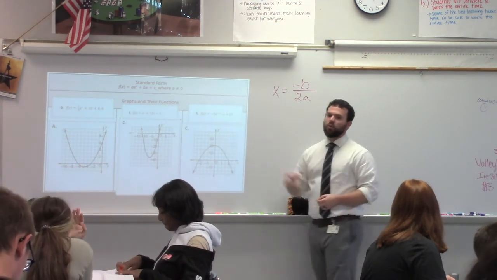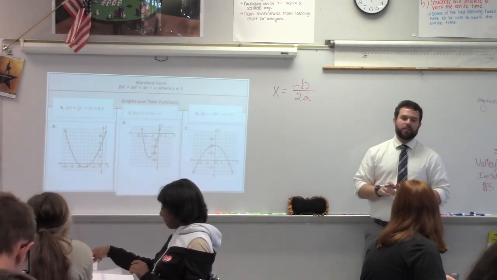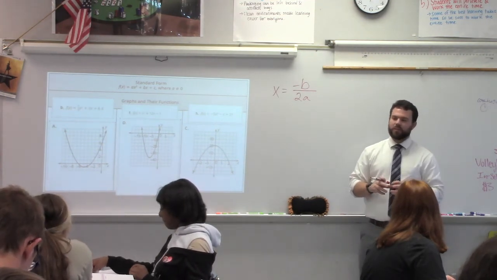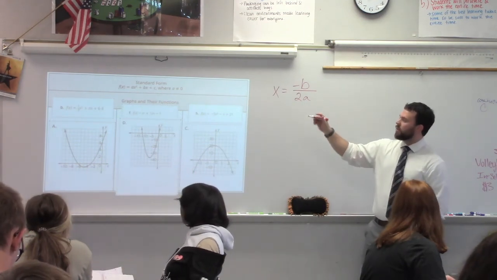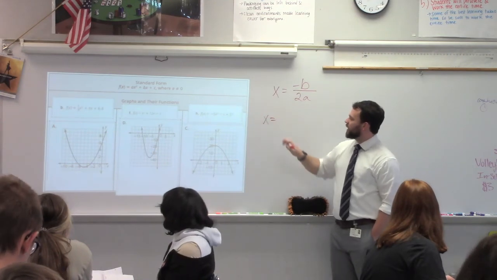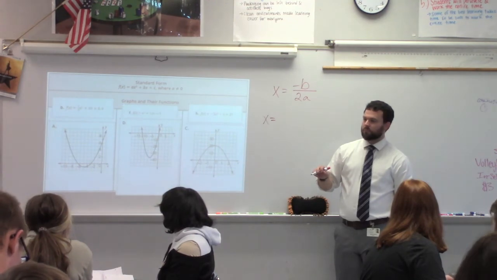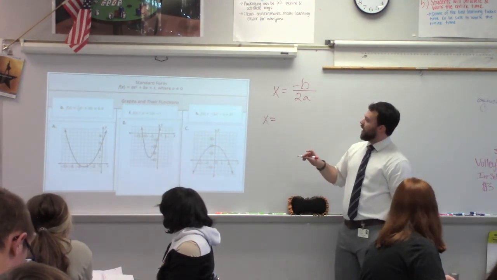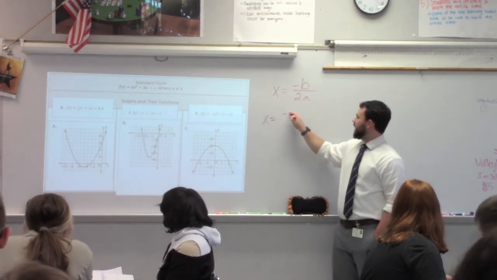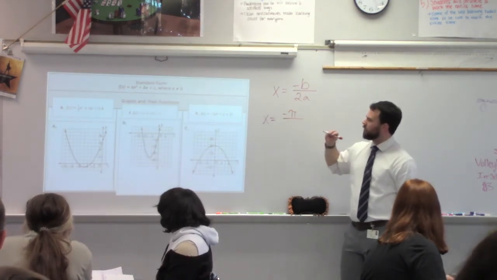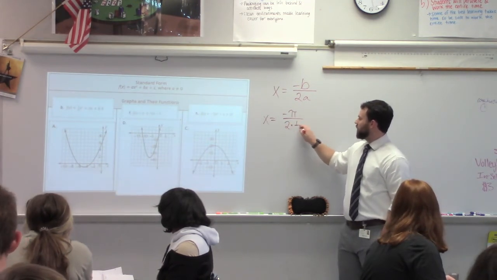If I look at equation B, pause for a second. You'll have a chance to continue gluing in a second. What would be the axis of symmetry? x equals... not pi, you're close. Negative pi. Remember, it's the opposite of b. So negative pi divided by 2 times 1/3, or 2/3.